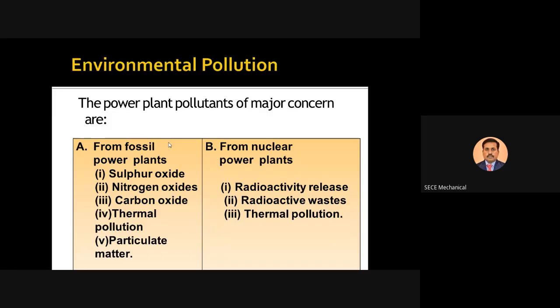Likewise, we depend on fossil fuels, so definitely, due to fossil fuel usage, environmental pollution happens. We are going to discuss one by one what toxic gases come out from a fossil fuel power plant and how we can control them. That we discussed in the last class.